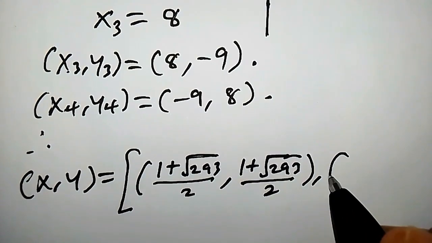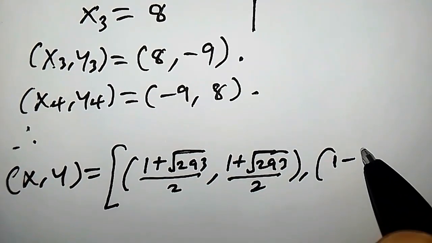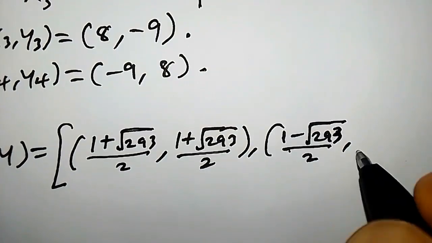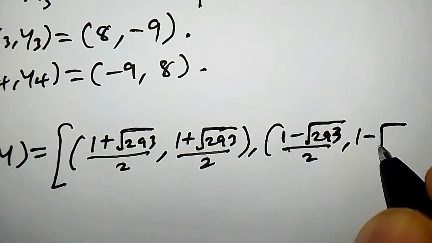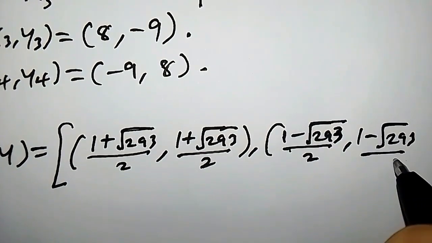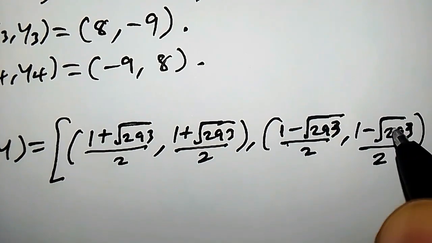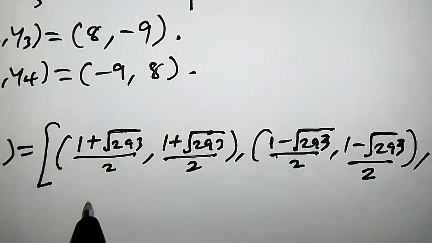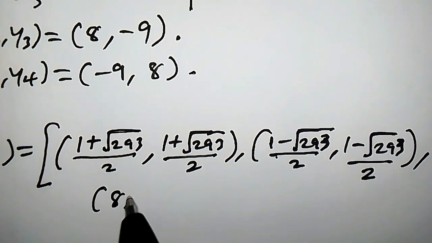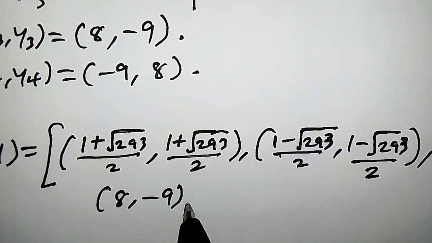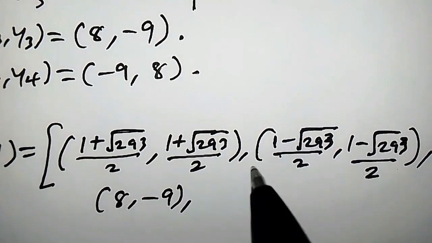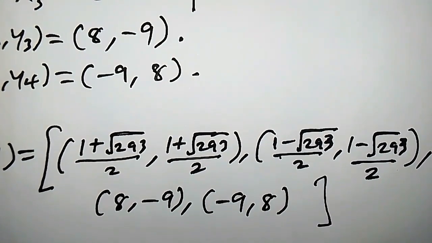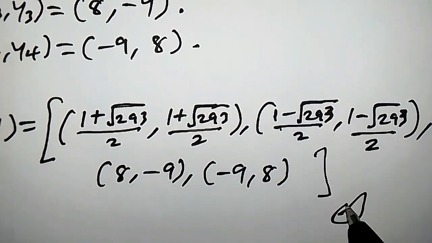The second solution happens to be 1 minus root 293 divided by 2, 1 minus root 293 divided by 2. And the other solutions are 8, -9, and the fourth solution is -9, 8. These are the required solutions for this algebra problem.